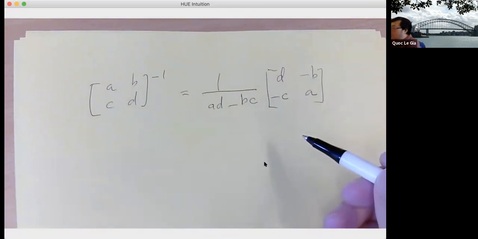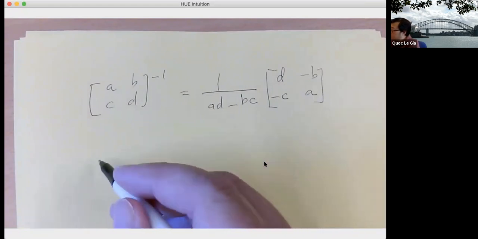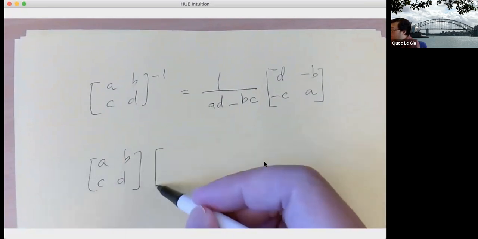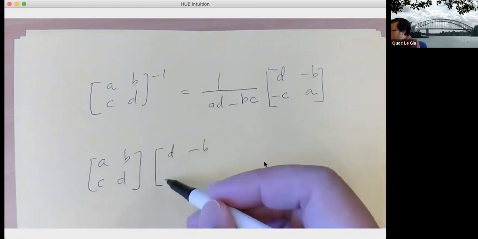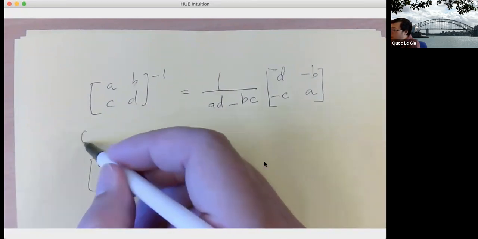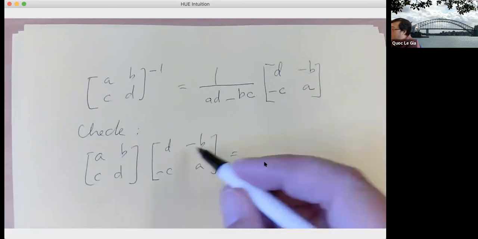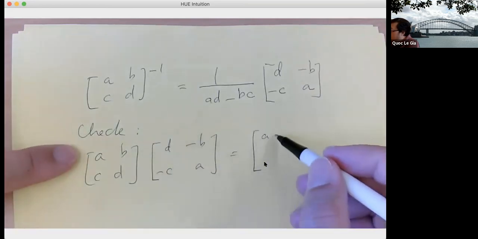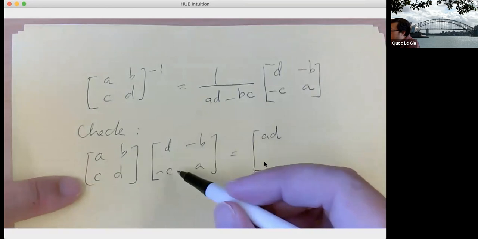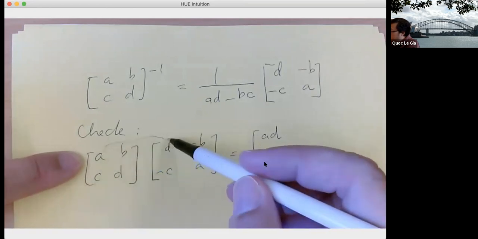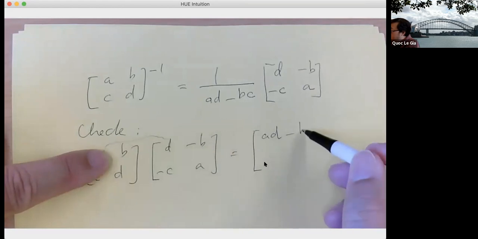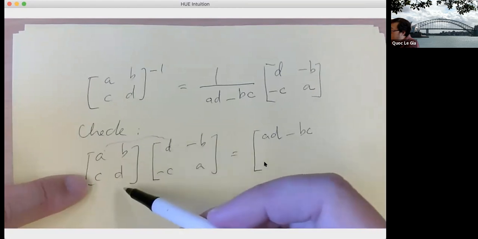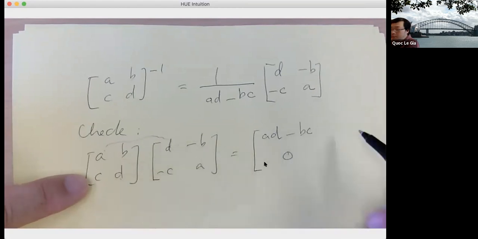Okay, so now let me check whether the formula is correct. Well, if you take A, B, C, D, right, you multiply with D, minus B, minus C, A. This one is just a quick check, yeah. Then you have AD minus BC, yeah, and then CD minus CD, so equals 0, yeah.